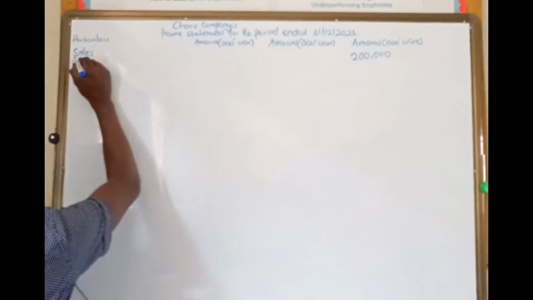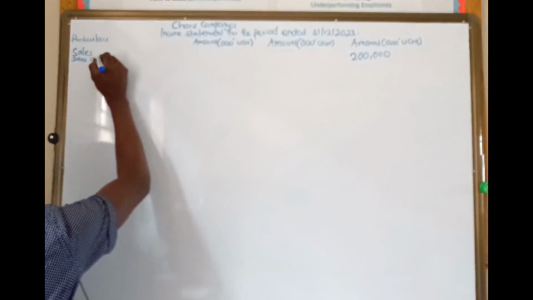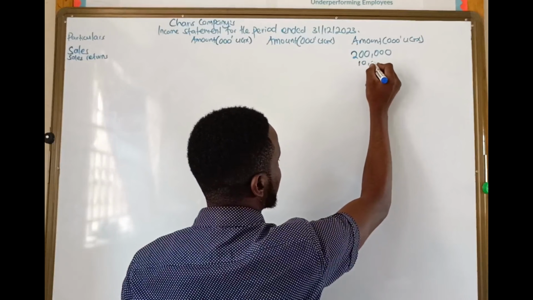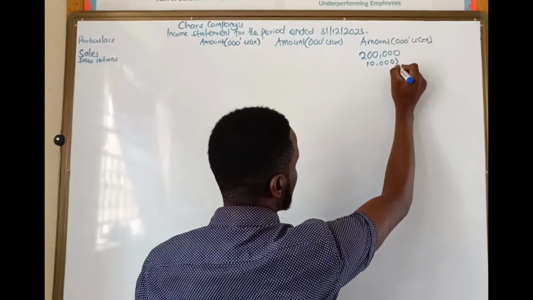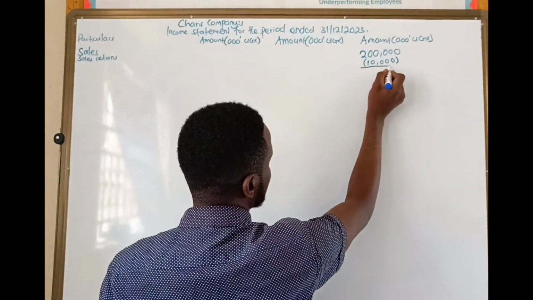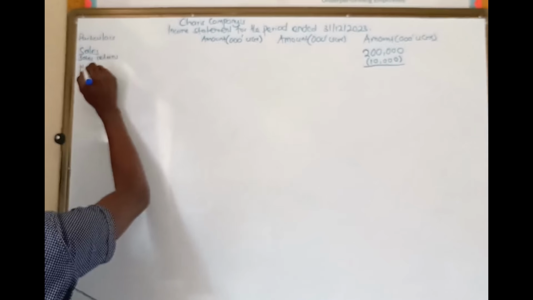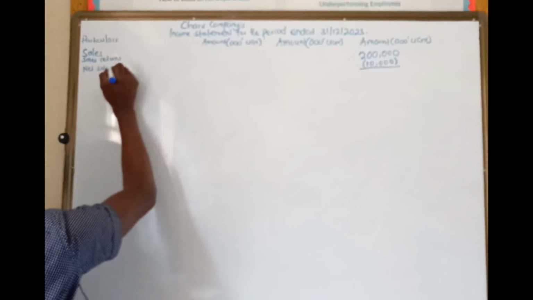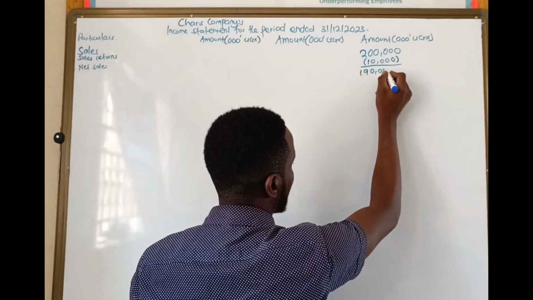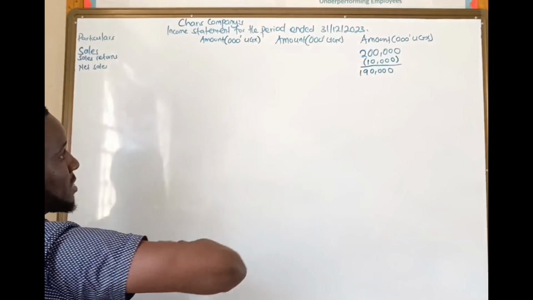So we subtract them from our sales. Then the figure we shall get will be our net sales, and it will be 190,000. So these are our net sales.